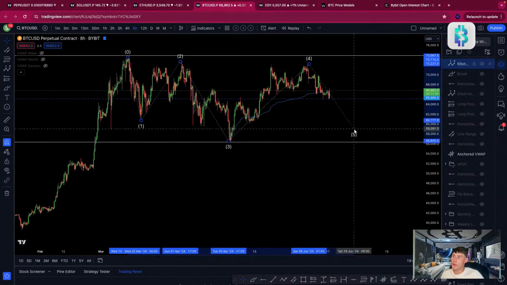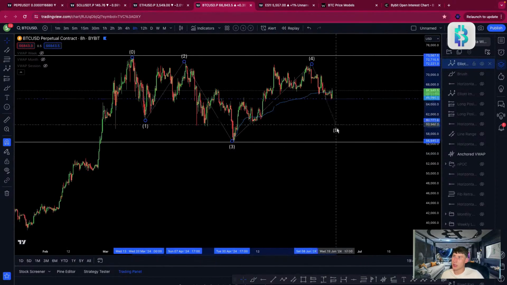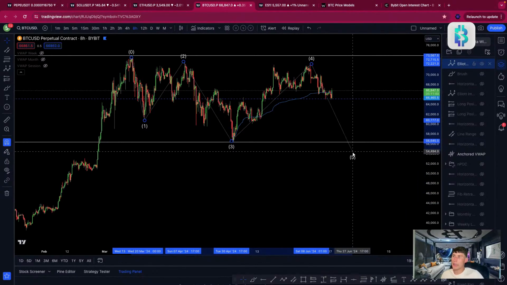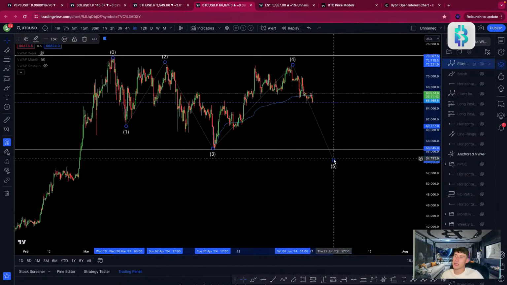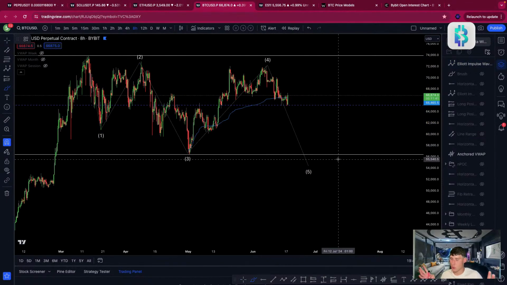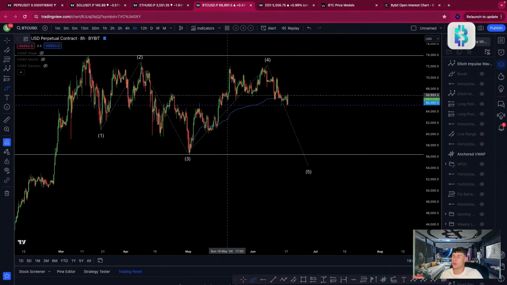But of course, for me to look for 42K, I need to not see the long setup from here, because the long setup for me would take price up. Just viewing this as a simple range, not exactly like I've been doing anyway.